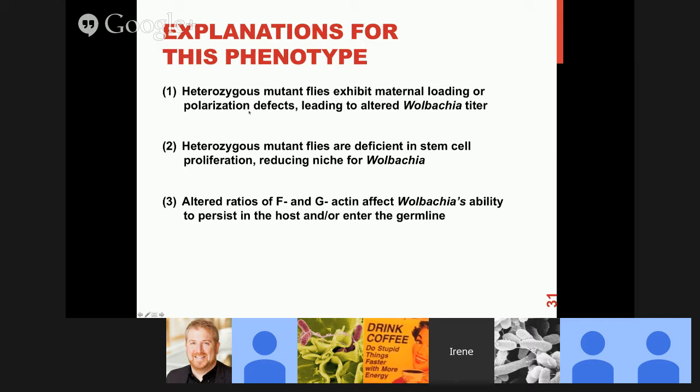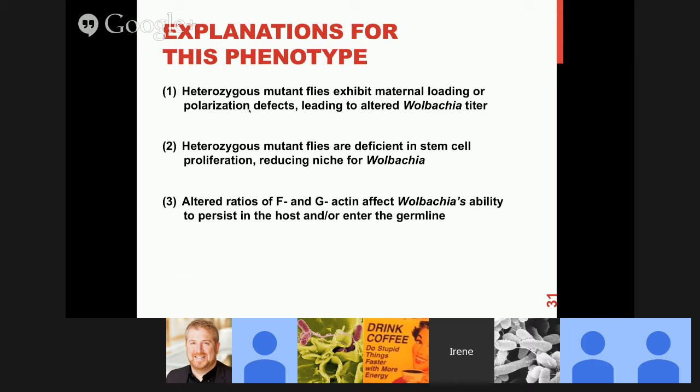The first was that potentially our heterozygous mutant flies exhibit maternal loading or polarization defects, leading to altered Wolbachia titer. I should mention at this point that these particular alleles that we looked at, although they are lethal or result in sterile flies in the homozygous condition, are recessive. And so these heterozygous mutant flies are thought to be phenotypically wild type.